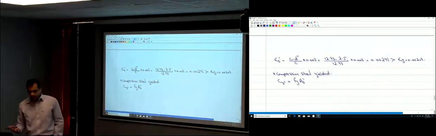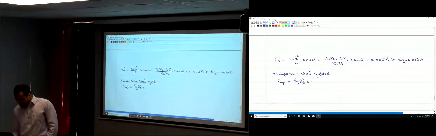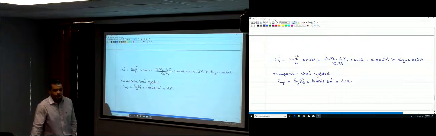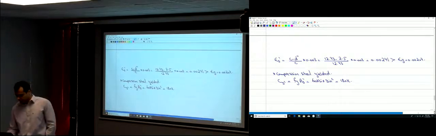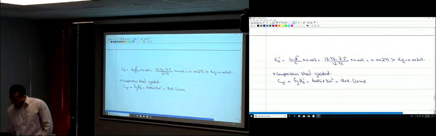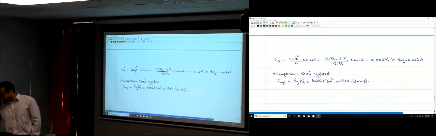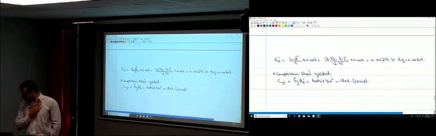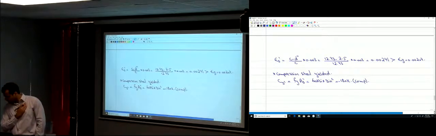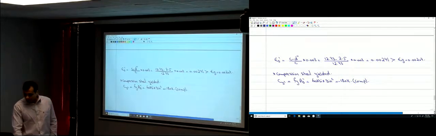So f_y is 60 ksi multiplied by area of steel prime, that's 3 inches squared, so that's 180 k. Is it compression or tension? That's compression, so that's negative over here, 180.